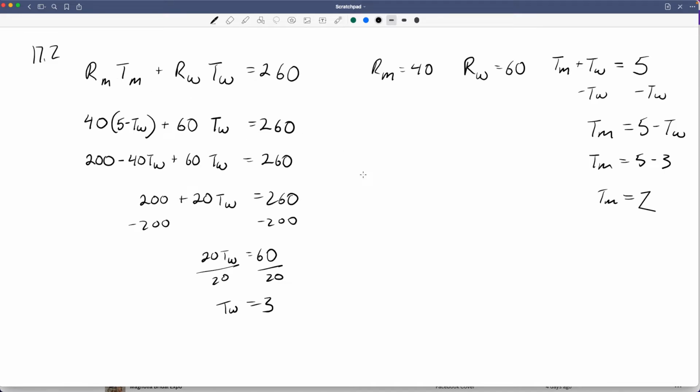So RM is 40 times TM, which is 2, plus RW, which is 60, times TW, which is 3, should be equal to 260. So that's 80 plus 180, and that is equal to 260. So we know we calculated correctly.